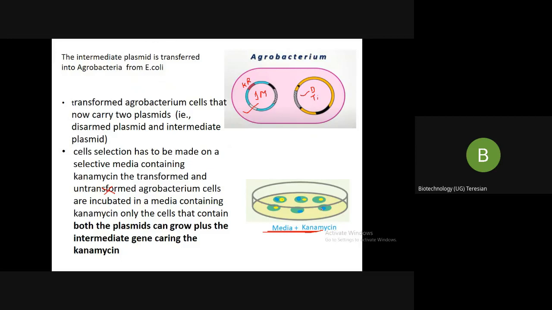That means this particular agrobacterium is carrying only the intermediate plasmid, because it is also resistant to the kanamycin marker. So this is how we select. Your main aim is to select the transformed gene by using the antibiotic kanamycin.